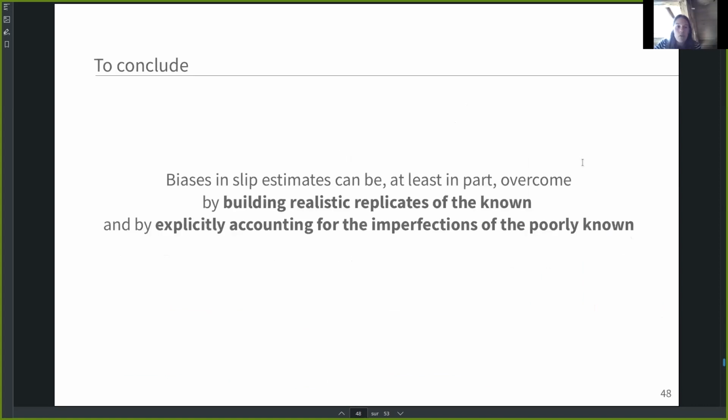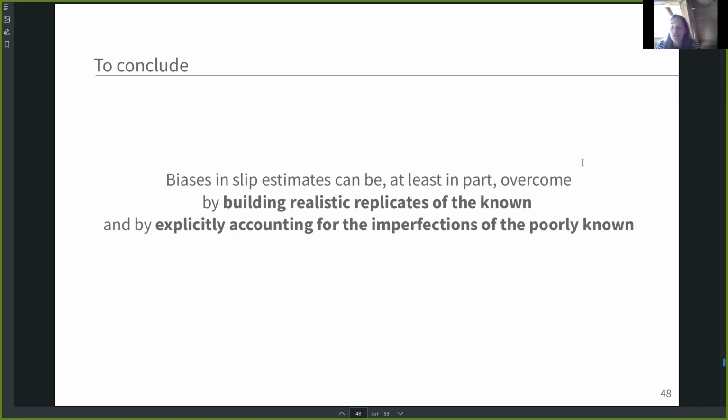That's the main conclusion of my talk. Yes, we can hamper the effect of our approximations in slip estimates, and to hamper these effects, we have to do two things. First, it's to account for uncertainties, so to account for the imperfections of what we don't know, and the second thing is to build realistic replicates of what we actually know or what we think we know.